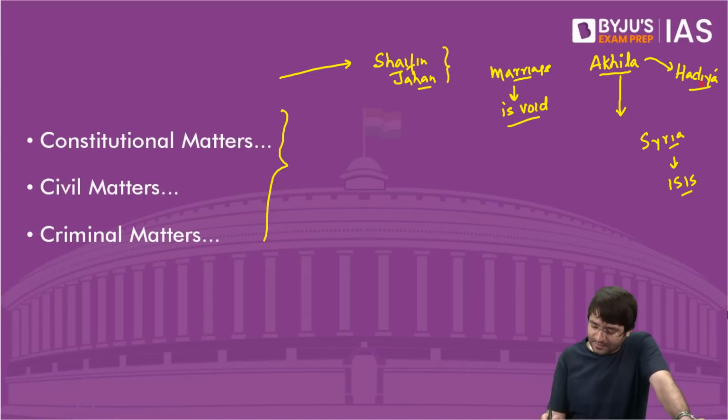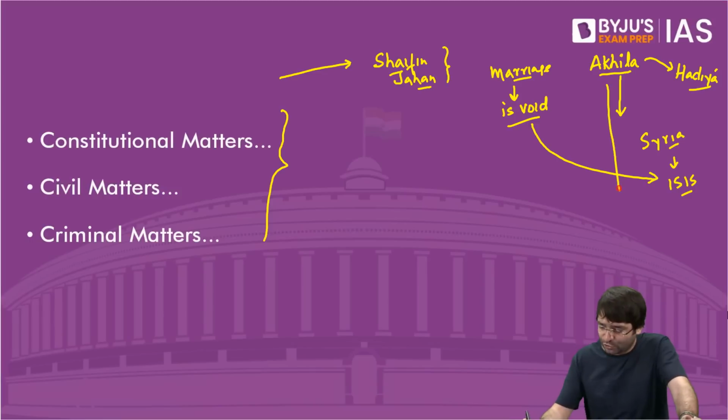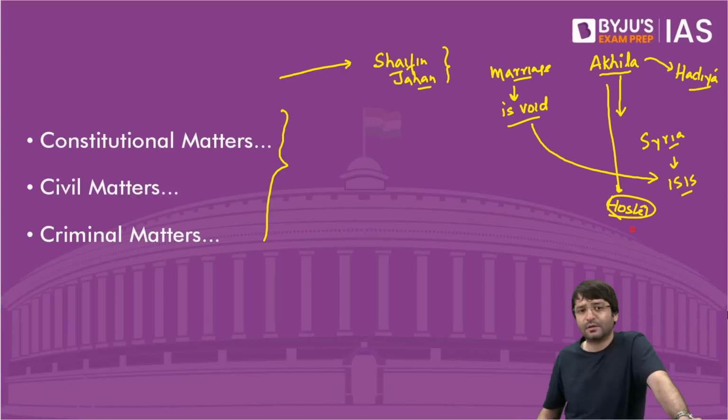In fact, the High Court ordered that there should be an investigation as to whether ISIS was responsible for this conversion or not. And this girl should be sent to a hostel, and will not remain with Shafin Jahan. The matter went to the Supreme Court on an appeal.